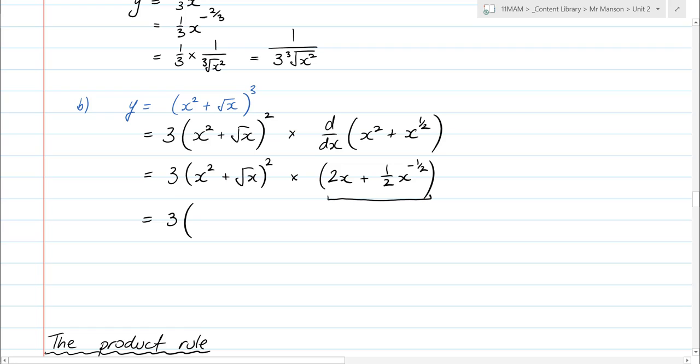I'm going to put that first, is 2x plus 1 over 2 square root x. So I've just put that into one thing, and then I'll put the more complicated term second. And it's more complicated because it's raised to a power of 2. And that's the final answer.